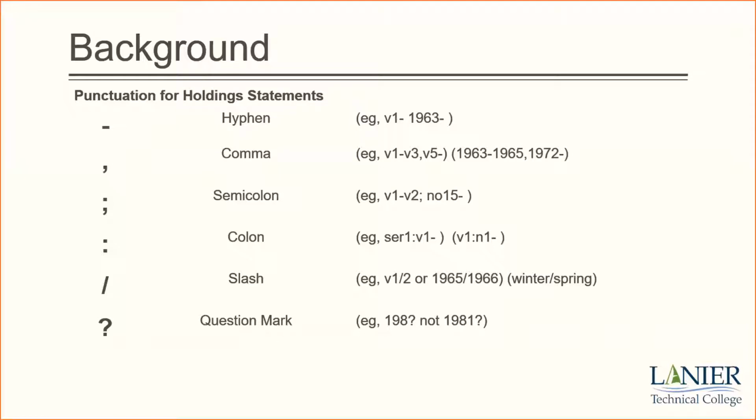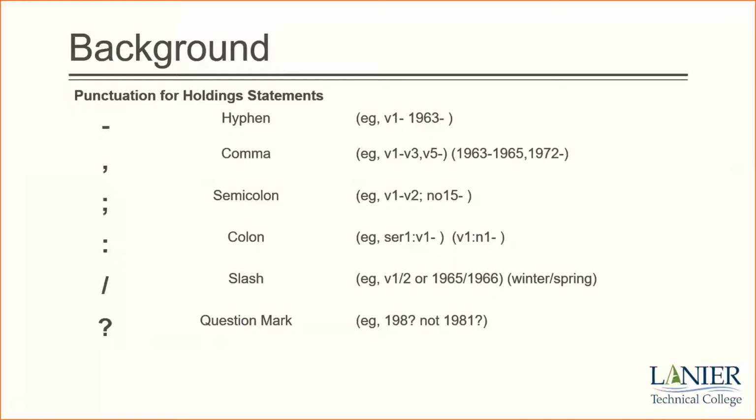A hyphen in your statement indicates an unbroken range of holdings, or a full range of holdings from a specified year or volume to date. If you use a comma, that shows a gap or a break in a range of holdings. A semicolon indicates a non-gap break when a numbering change occurs, or it may indicate a new series has begun.